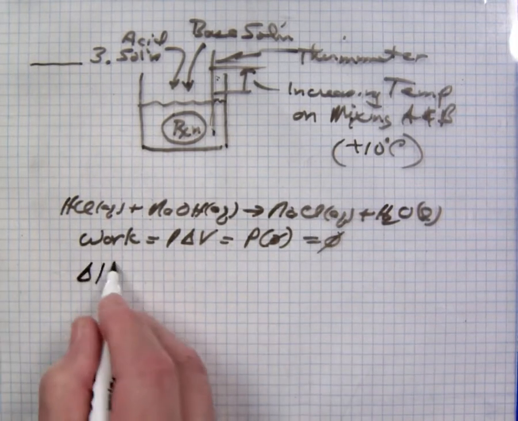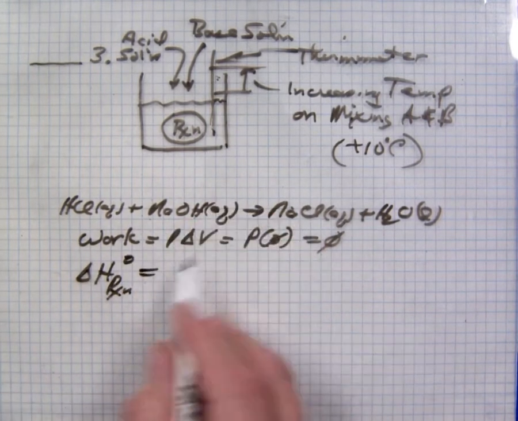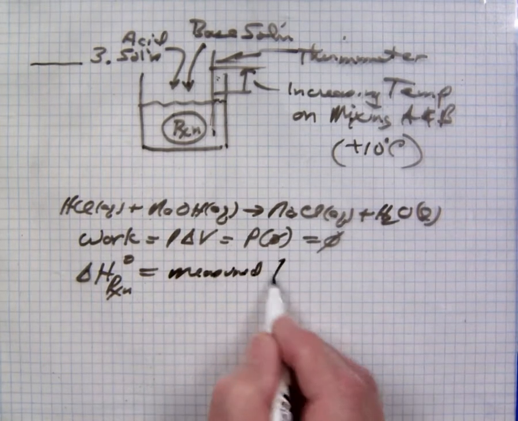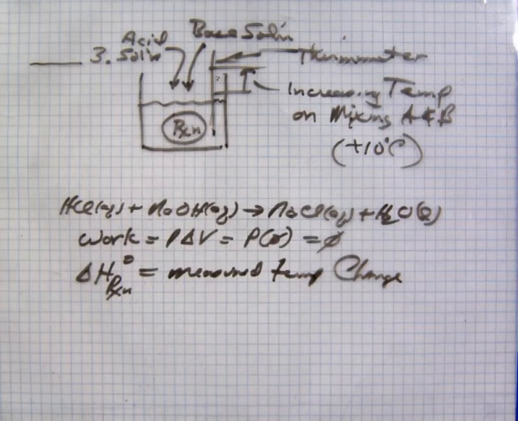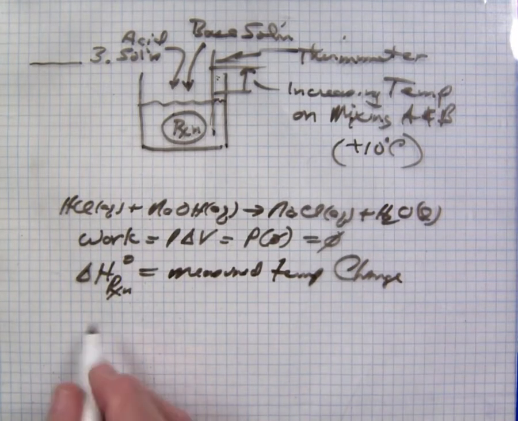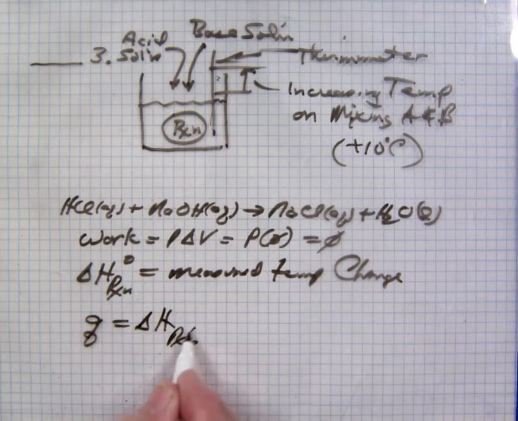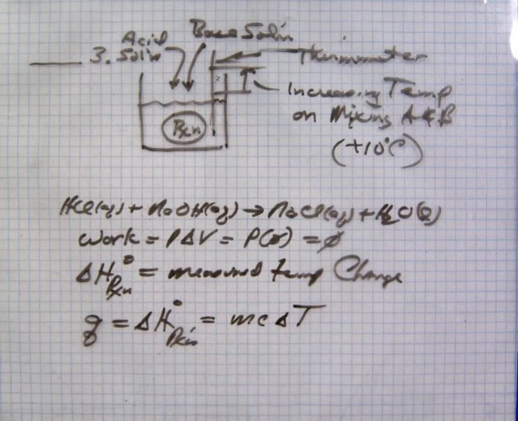But you can calculate a delta H of reaction, which is based on the measured temperature change. And if you have the specifics of whatever acid and bases you mix together, you can calculate that delta H of reaction using the MC delta T equation.